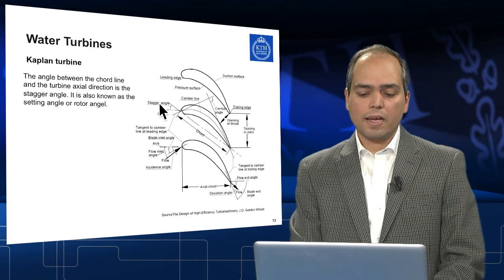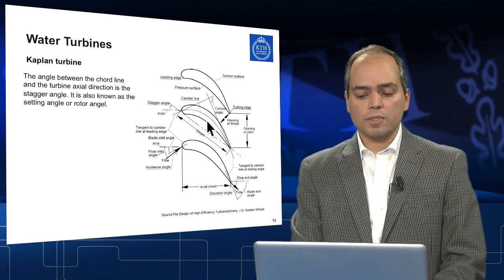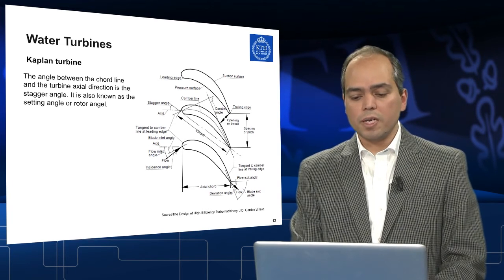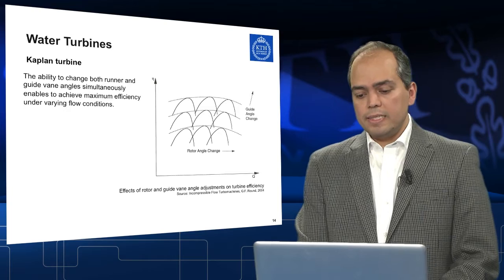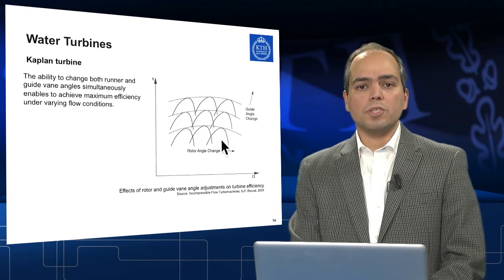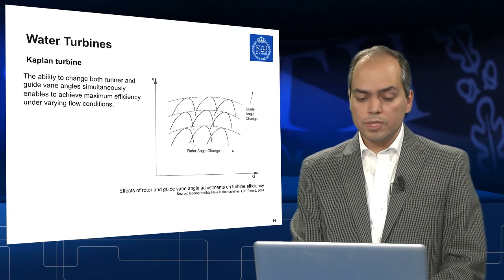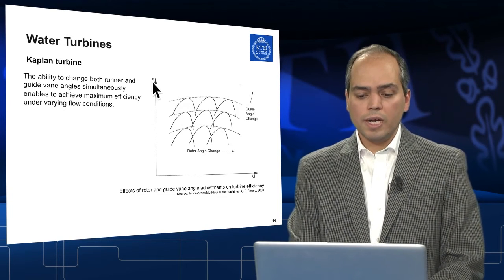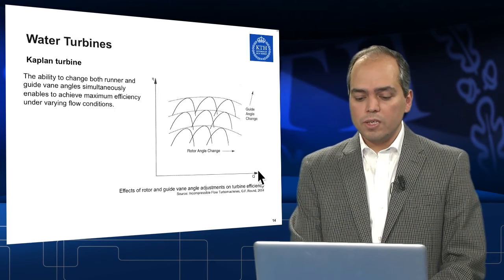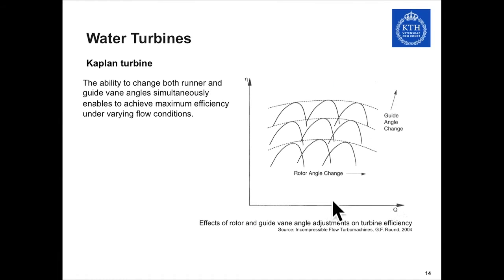This angle is in fact adjustable through the mechanism in a coupling turbine, and it enables adaptation of the best efficiency point according to the flow. If you look at this chart, on the y-axis is the efficiency and this is the relative flow. So the different flows that come in, you can see along this x-axis.